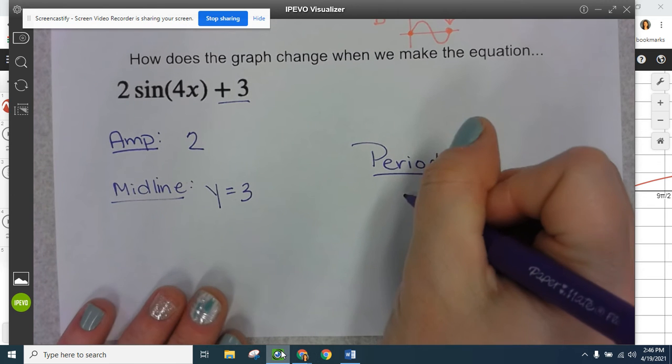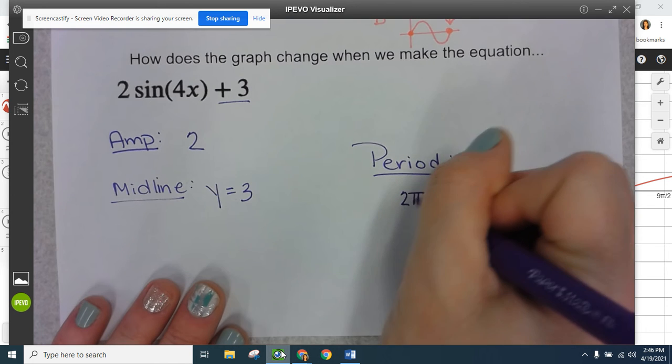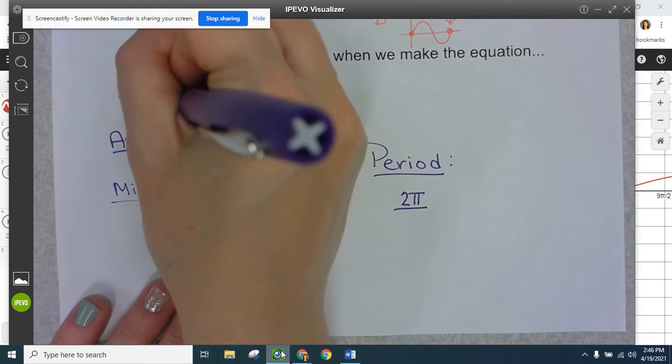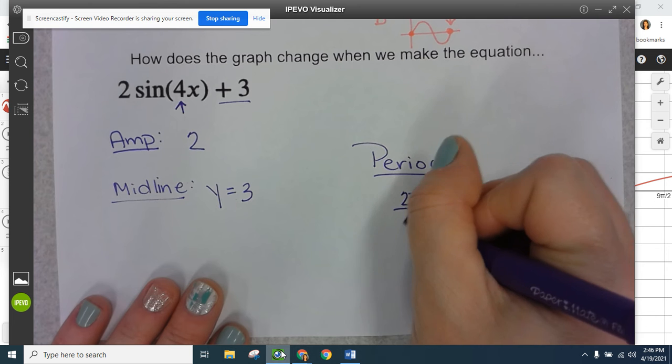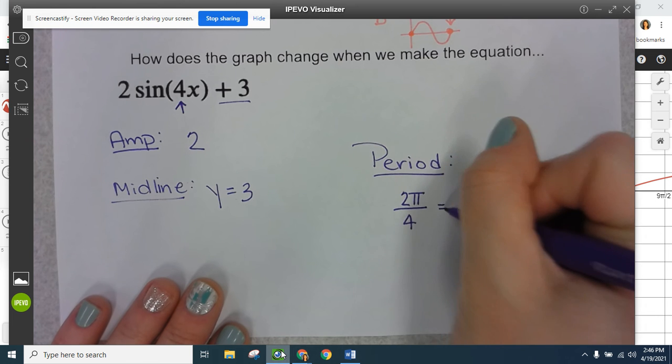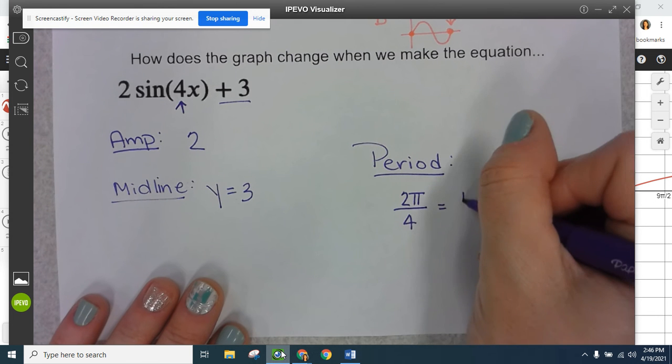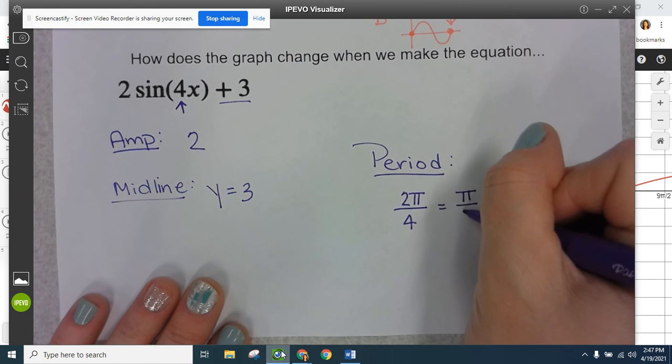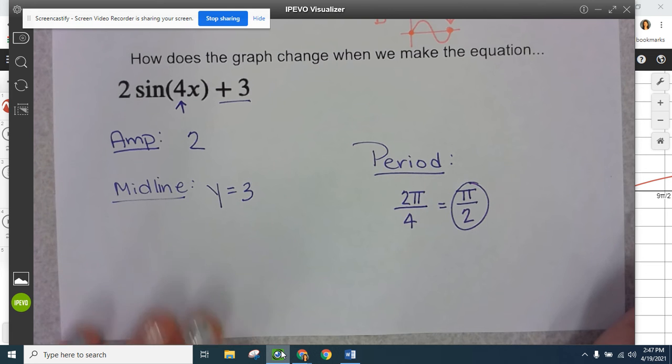And our period is going to be 2 pi divided by 4. 2 over 4 is 1/2, so that means it's pi over 2.